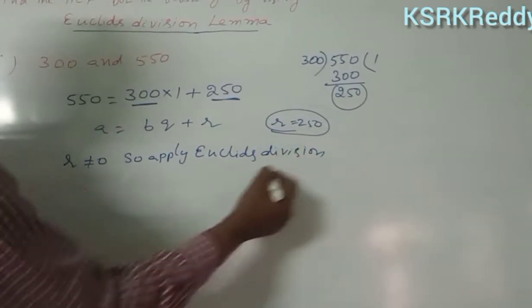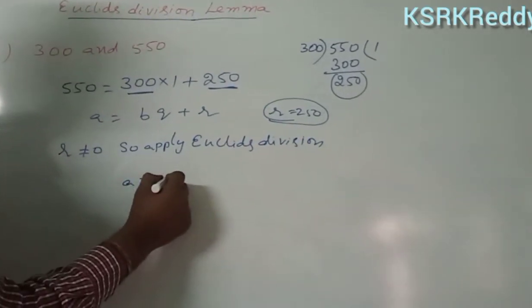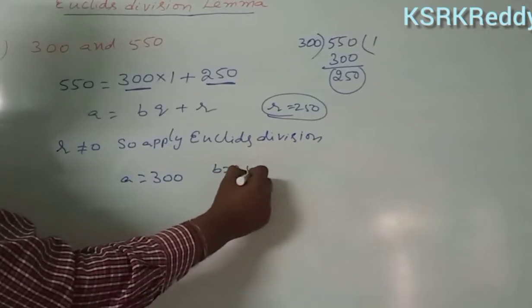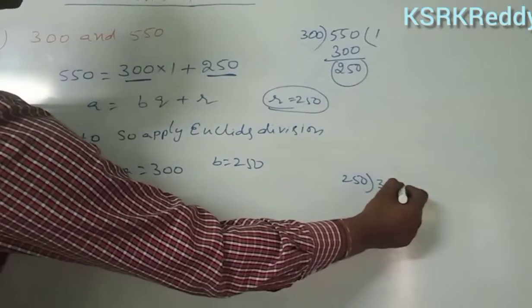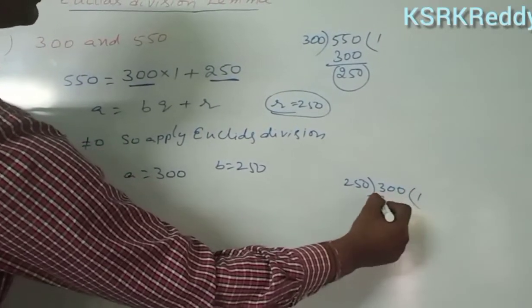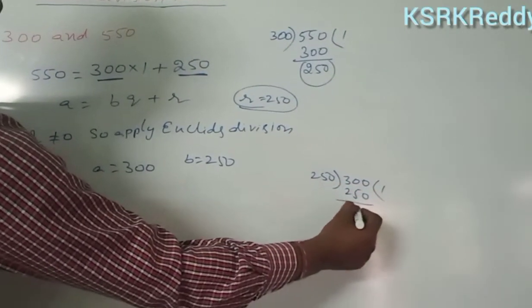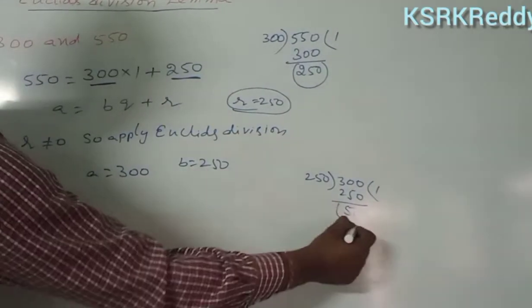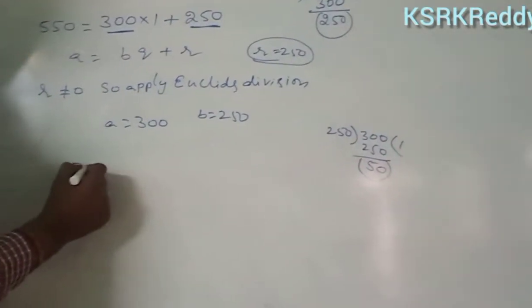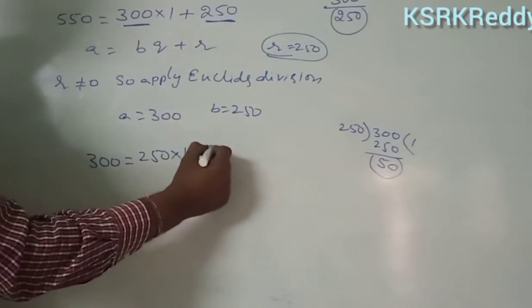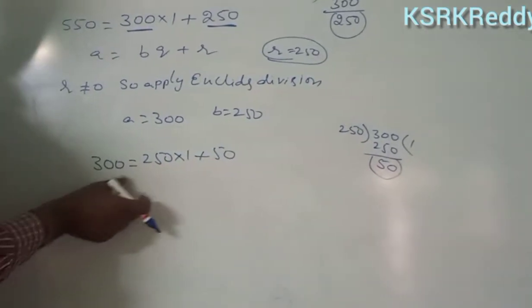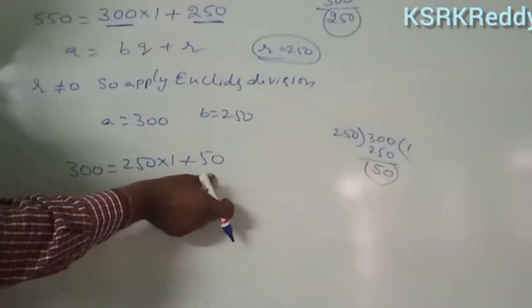A is equal to 300 and B is equal to 250. 250 how many times? One time. Remainder value 50. So 300 is equal to 250 into 1 plus remainder 50.